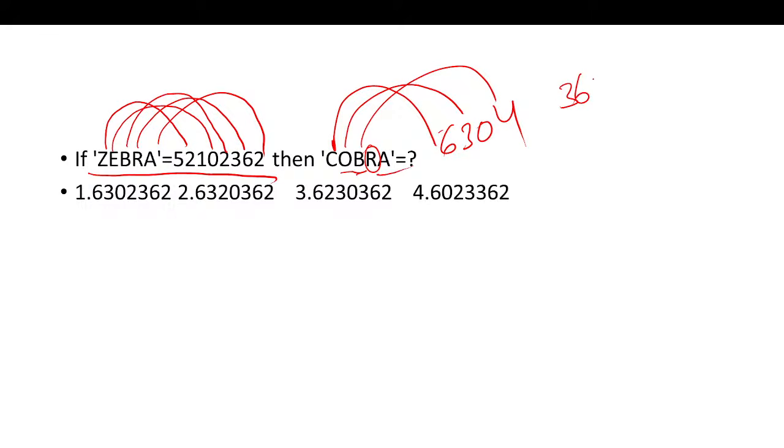A value 1, 1 into 2, 2. 362. Actually, here the value is 4. Value is 4. The remaining process is the same.